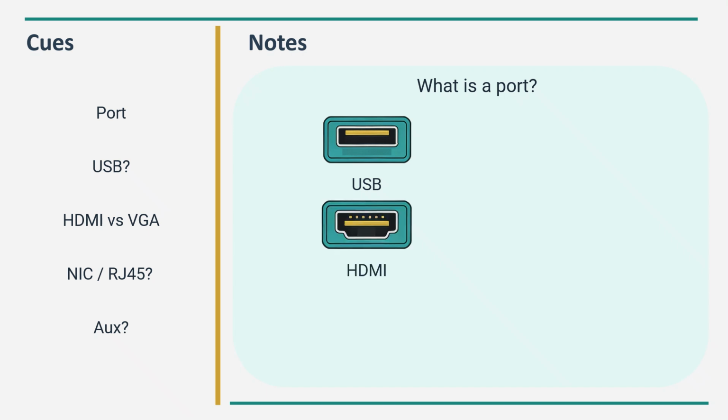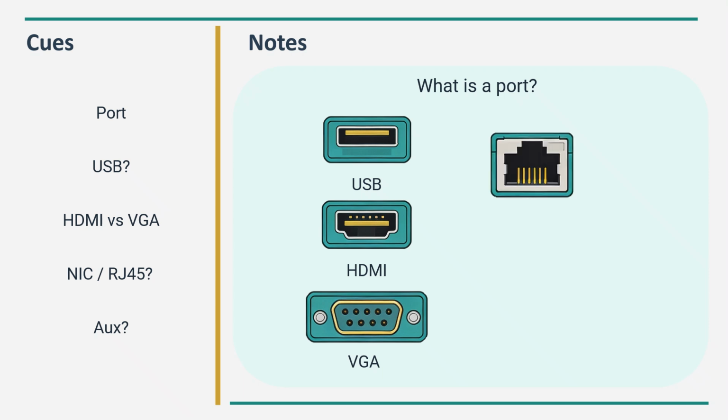HDMI is a newer type of technology that allows for video and audio transmission in high quality. VGA is also a video port, but only allows for video and is an older standard. Then the RJ45 Ethernet port allows you to connect to a network.